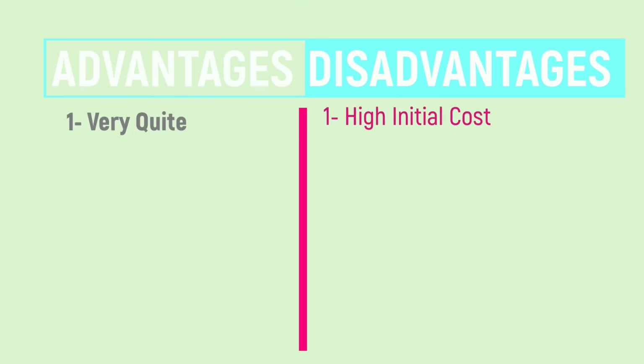So we're going to move on to the advantages and disadvantages of split unit AC. So one advantage is that it's very quiet. However, a disadvantage is that it has a very high initial cost in comparison to window type AC. The second advantage is that it's energy efficient.